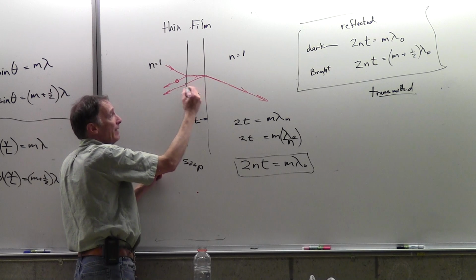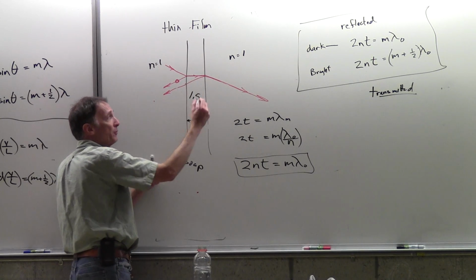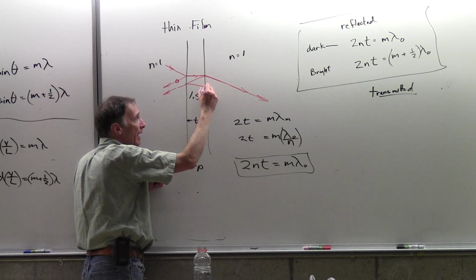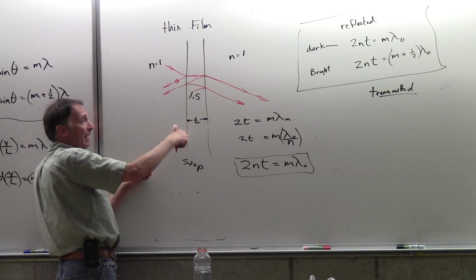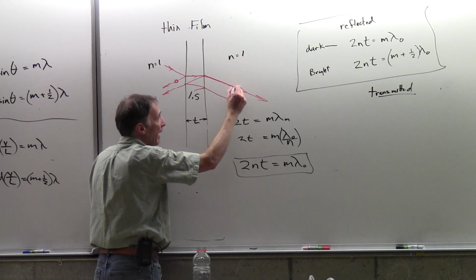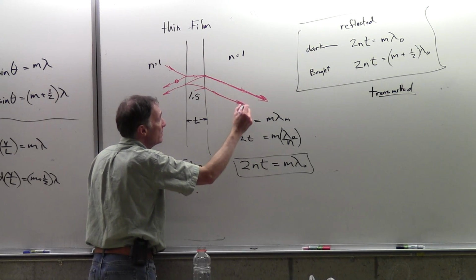This reflected light will also not only transmit through, it will have a reflection, and that will go through. There are also some other reflections that take place here, but principally I'm interested in these two rays.